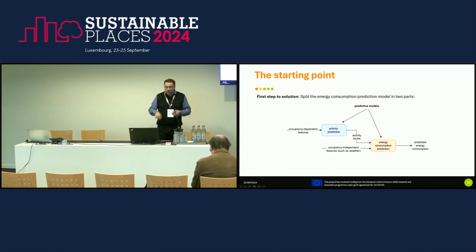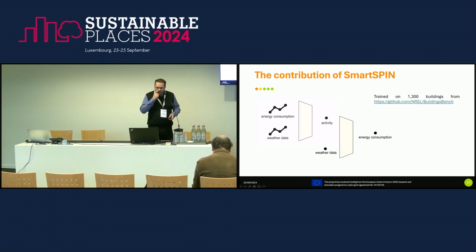So what we did in SmartSPIN, we decided to create two different models, one to replace the blue one and the other to replace the yellow one. So for the blue one, now this is a bit, okay, very conceptual, but I will explain the idea.